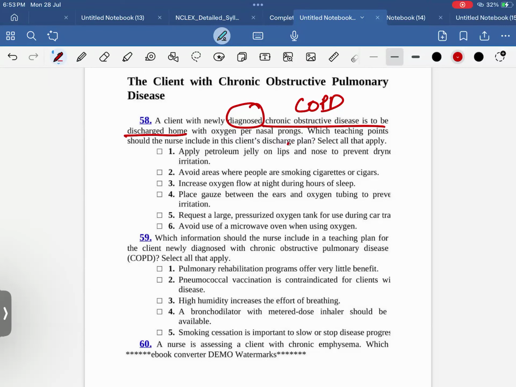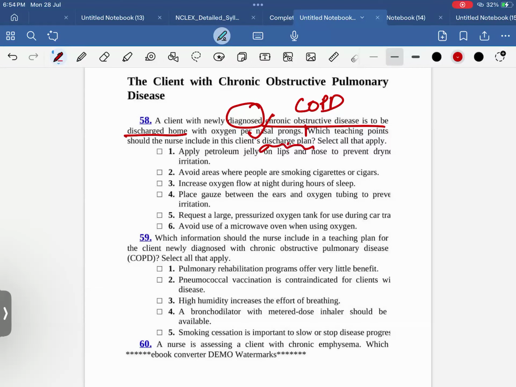Do you know the chronic patients are your stable patients? Any disease which is chronic is stable. Next, the patient is sent home on oxygen. Now the question says, which teaching point should the nurse include in the client discharge plan?